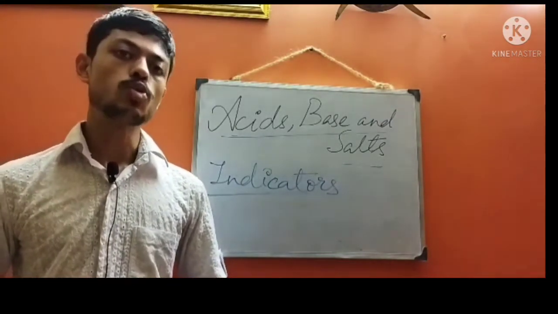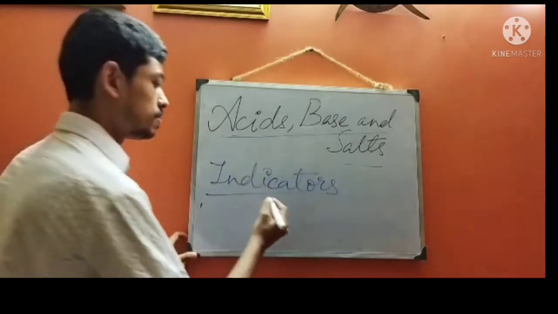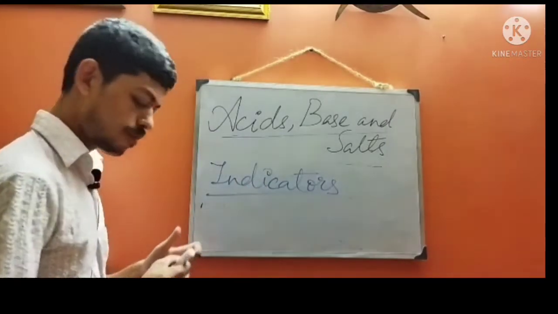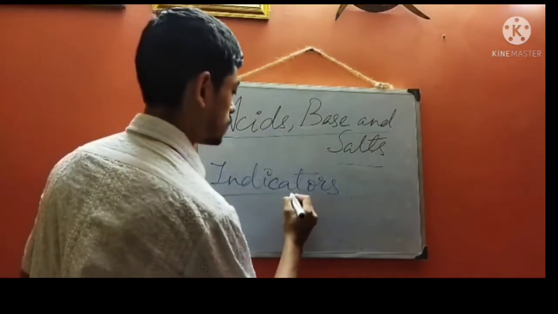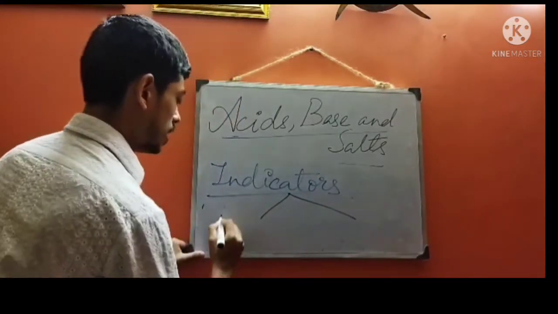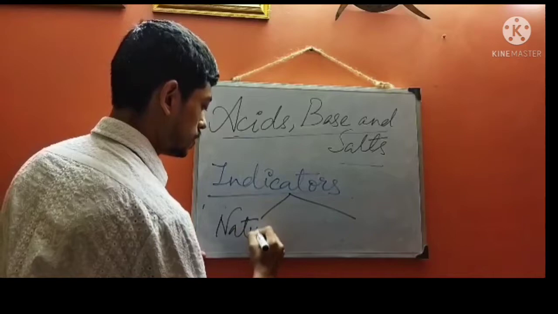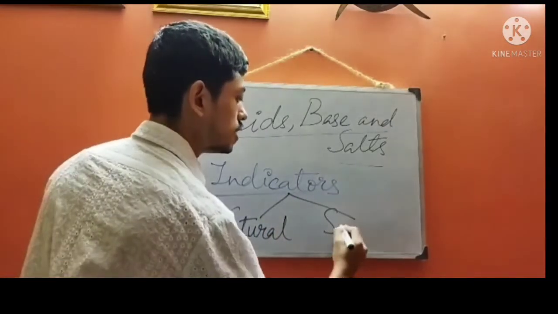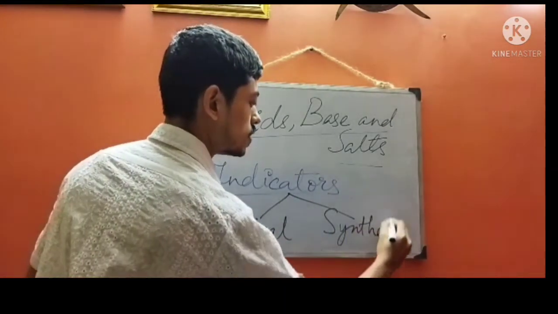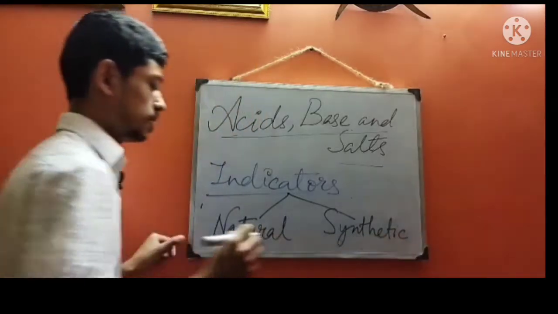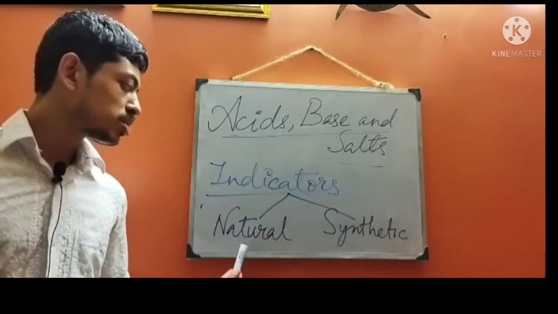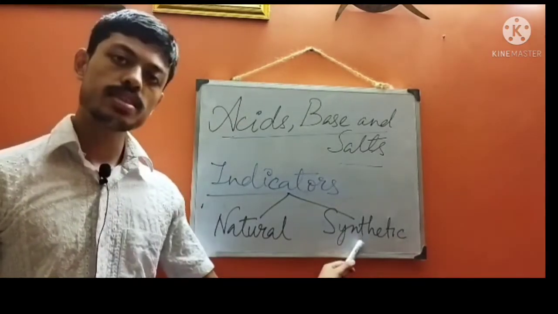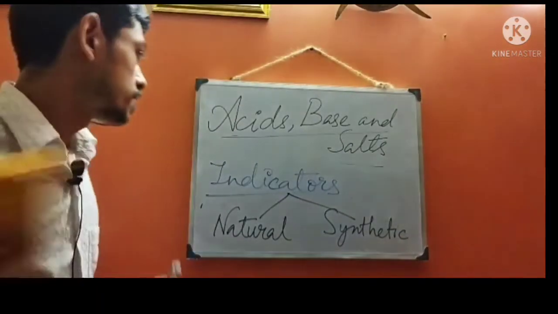Indicators are of two types: natural and synthetic. Indicators are divided into natural indicators and synthetic indicators.